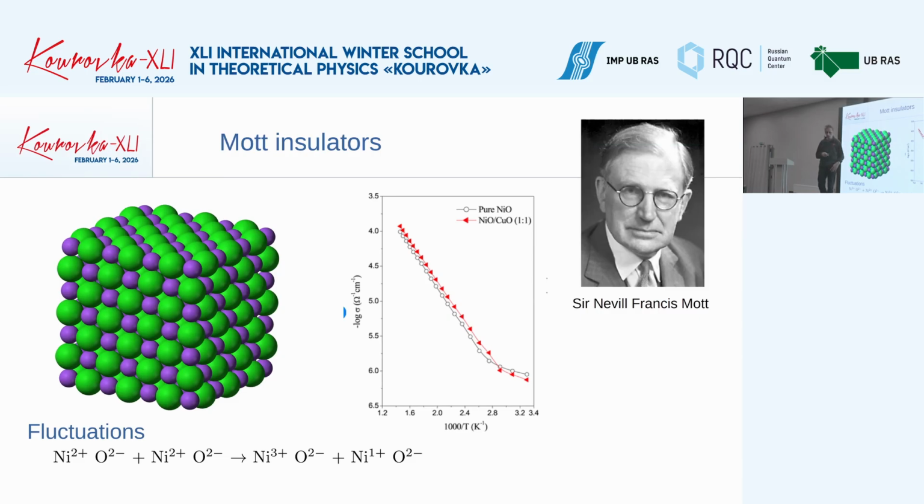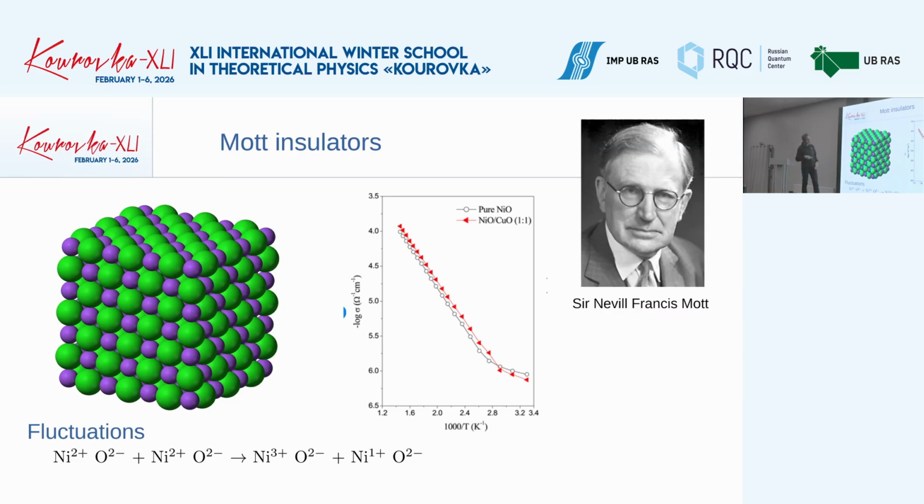Simply, if you have an odd number of electrons per unit cell, then the compound must be metallic. But this is not always true. For many transition metal oxides, this is not true, in particular for nickel oxide.